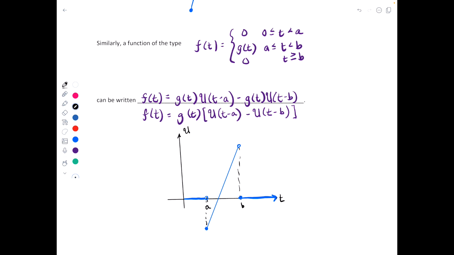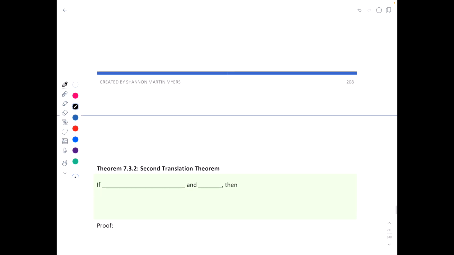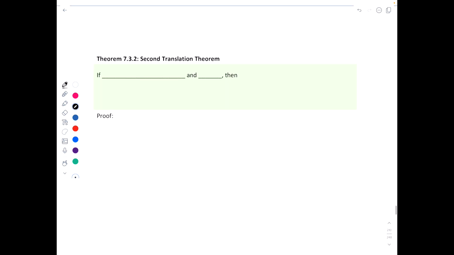Cool? All right. So now let's take a look at the second translation theorem. So our second translation theorem goes like this.